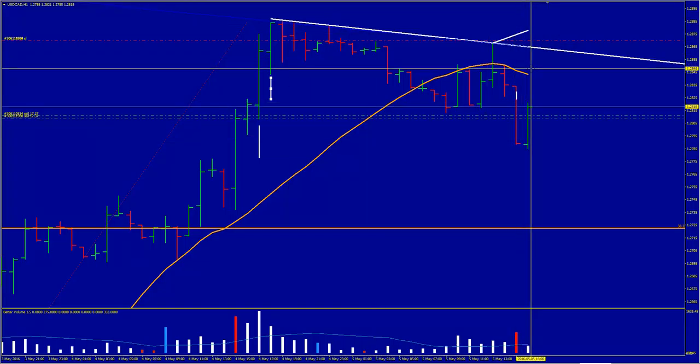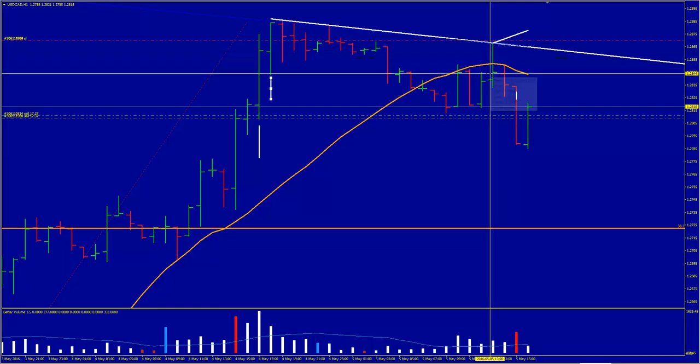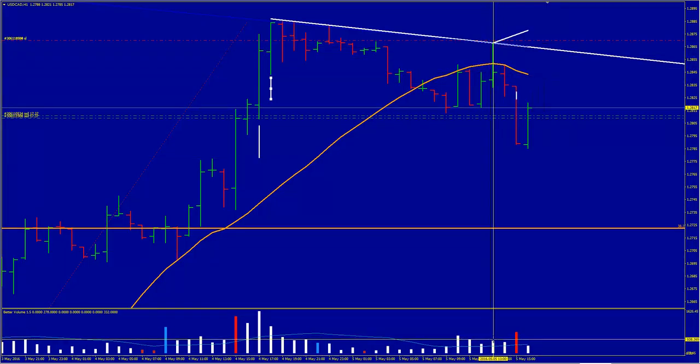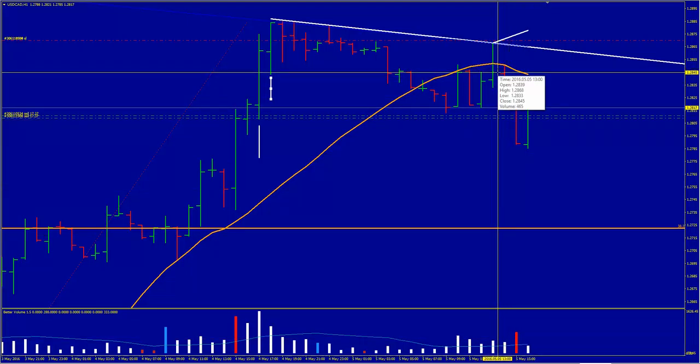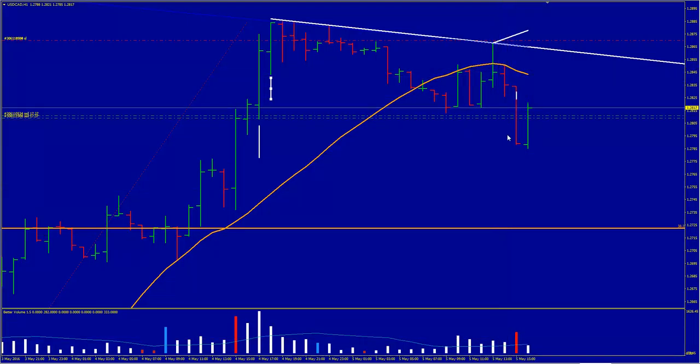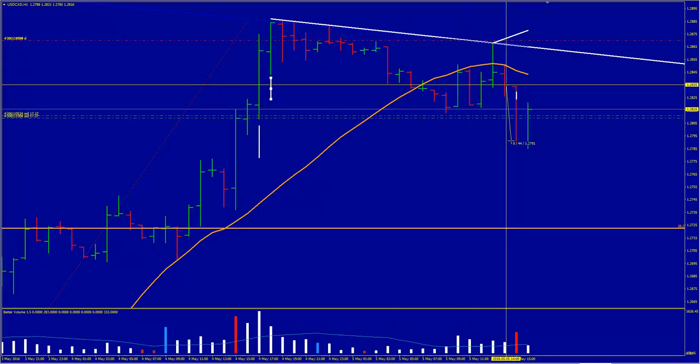So this bar finished below the middle even, and volume was pretty decent, above the average. So there is supply present on the market, and then the reaction was this drop here of 45 pips.